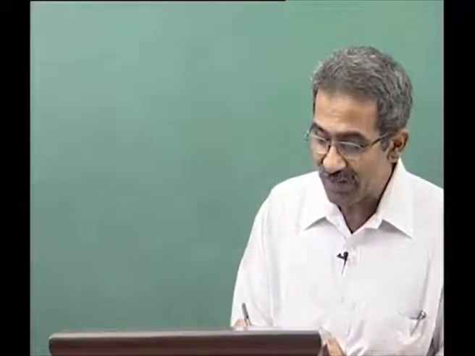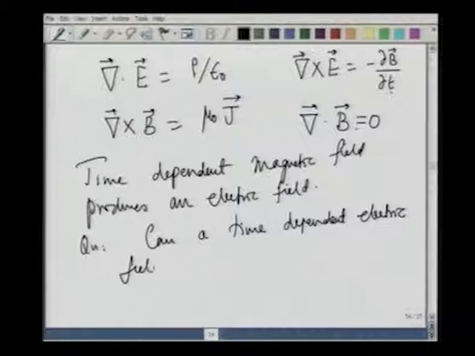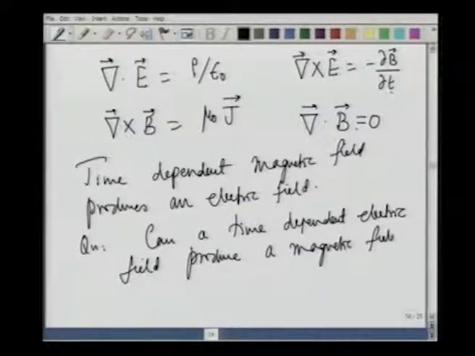So, the question that we ask is, can a time dependent electric field produce a magnetic field? Should a time dependent electric field be producing a magnetic field?